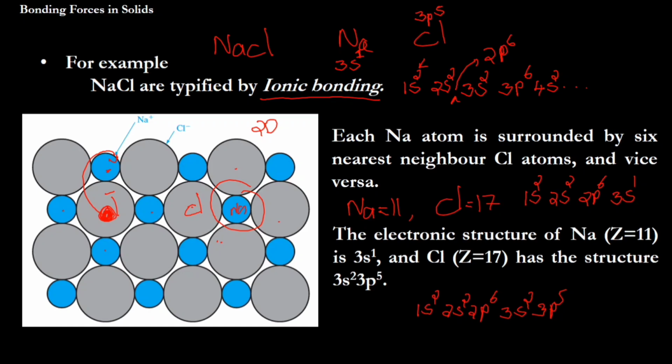The 1 electron in the 3s orbit is given up to chlorine. If the sodium loses 1 electron, it becomes positively charged. Chlorine receives 1 electron, which means the whole chlorine atom becomes negatively charged.